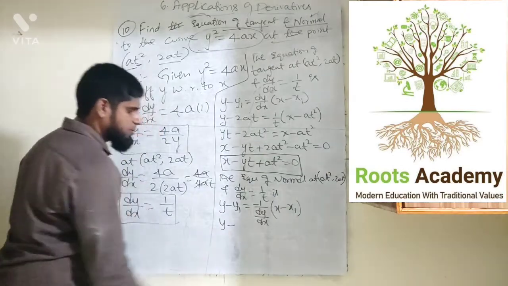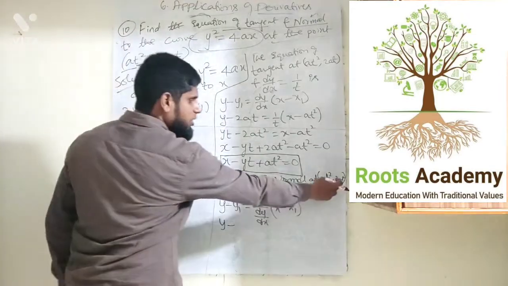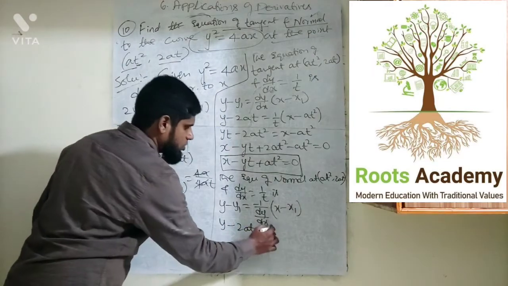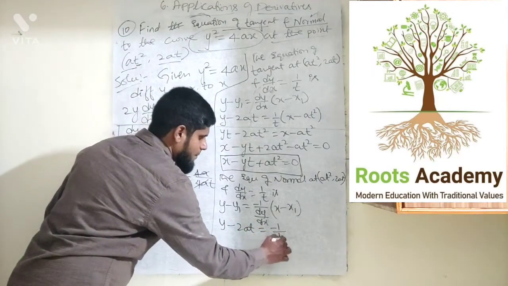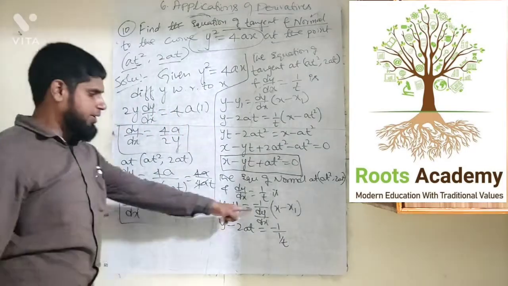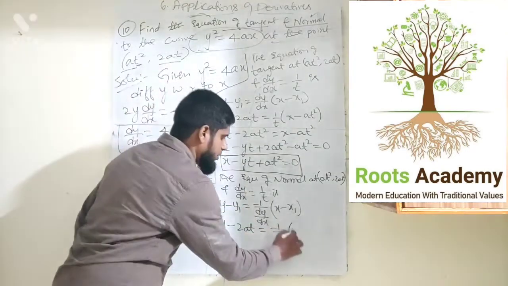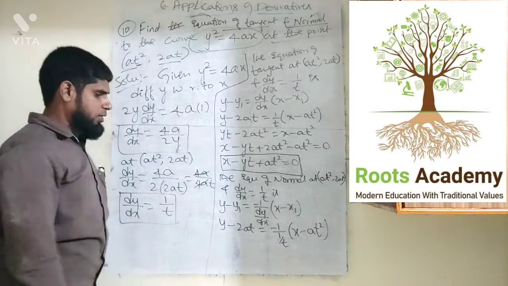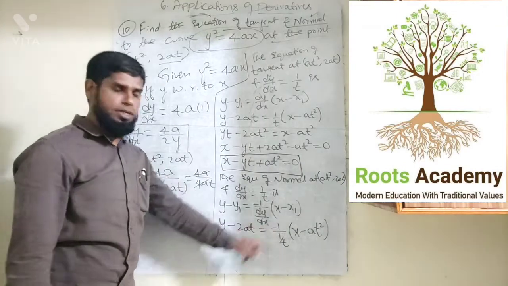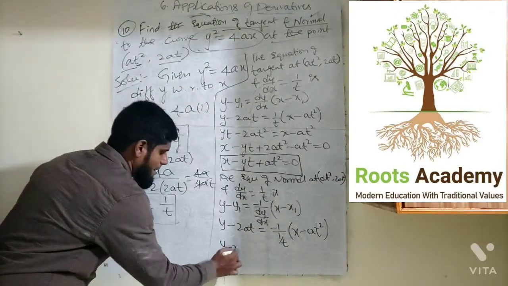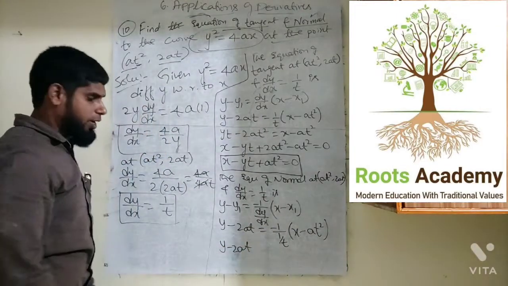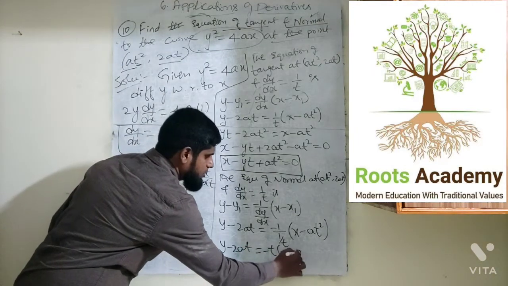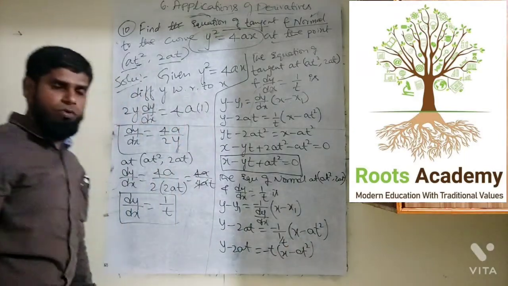So y as it is minus y1. y1 is 2at is equals to minus 1 by dy by dx, which is 1 by t, into x minus at square. So this becomes minus t into y minus 2at is equals to minus t into x minus at square.